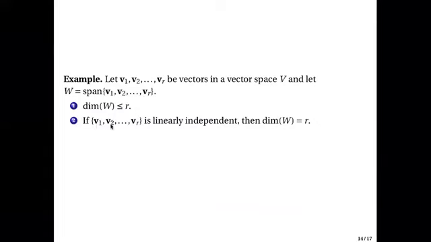However, if the set V1, V2 until VR is already linearly independent, then the dimension of W is equal to R. So you have the equality. Okay? So if we combine these two, this only says that if you have a linearly independent set and the span of that set is W, then the dimension of W is R. Again, linearly independent.